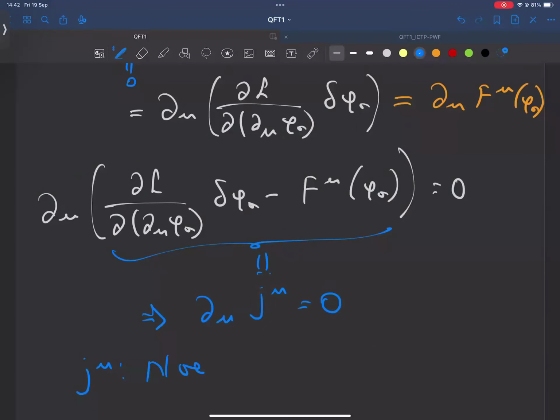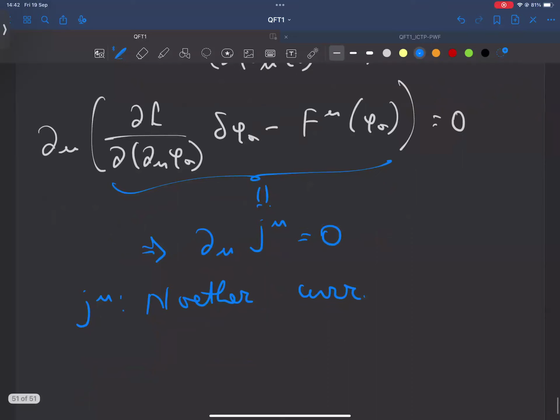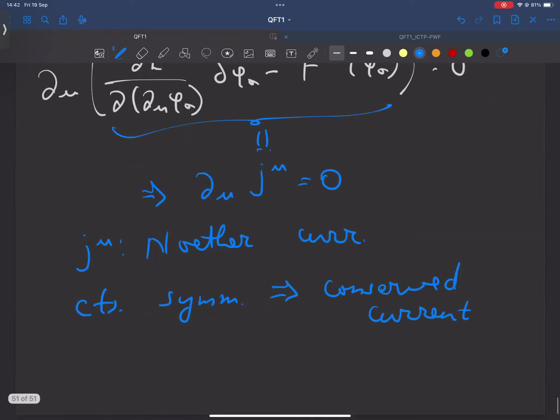So we see that whenever we have a continuous symmetry, we get a conserved current, and we have argued that we also get a conserved charge from it.